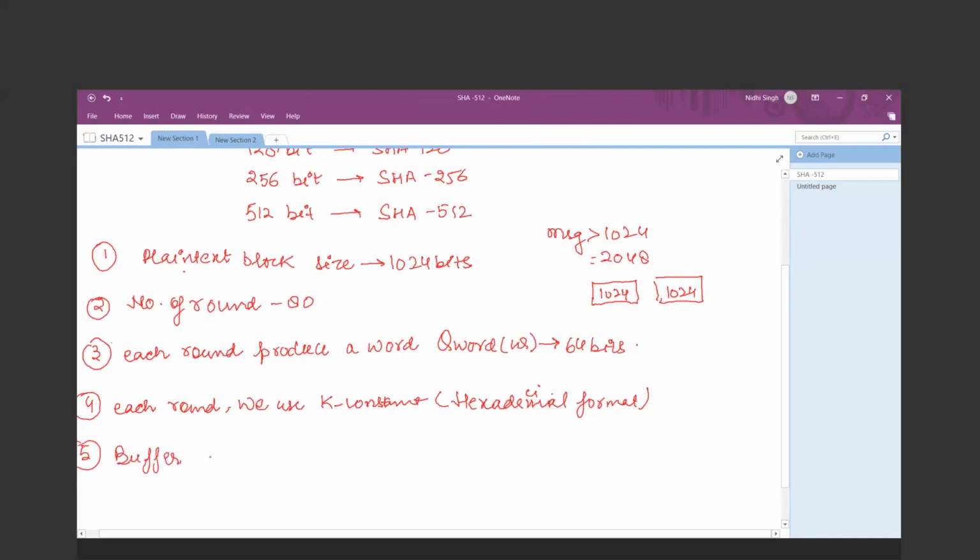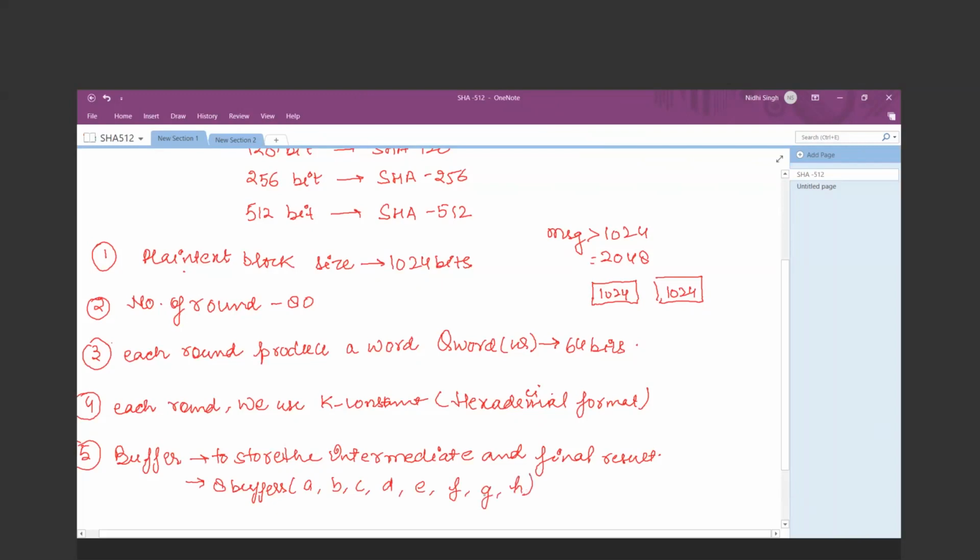In SHA, we use 8 buffers to store intermediate and final results. The buffers are named A, B, C, D, E, F, G, H. Initially, the size of each buffer is 64 bits.